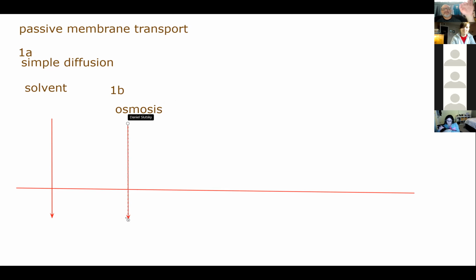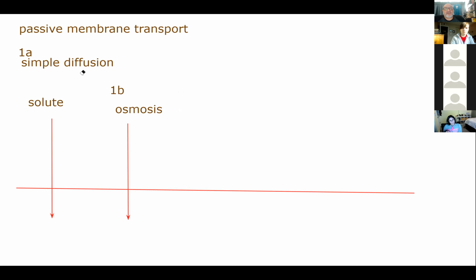But in both cases, simple diffusion, and if you want to think of osmosis as something separate, both of them, either the solvent or the, not the salt, the solute, not solvent. The substance that is dissolved, isn't that right? Solute's the thing that dissolves in it. Solvent is what dissolves it.